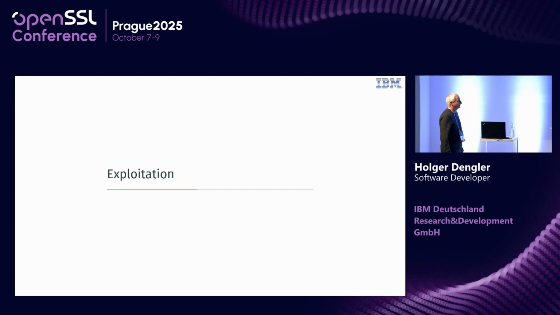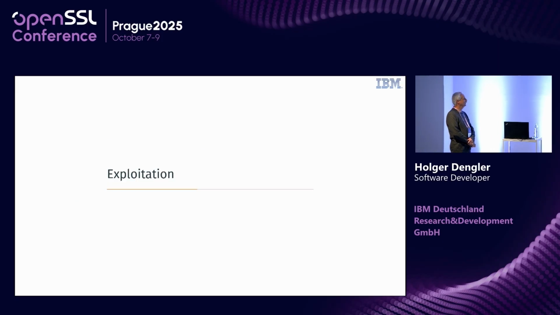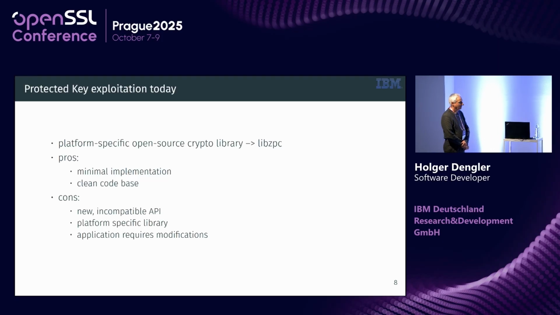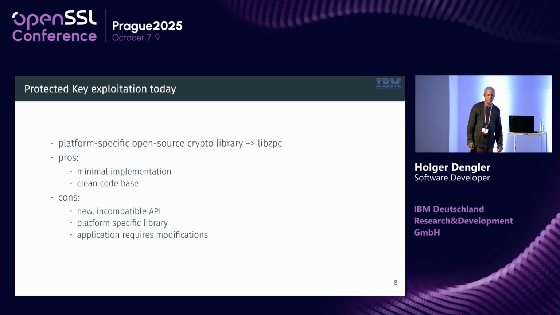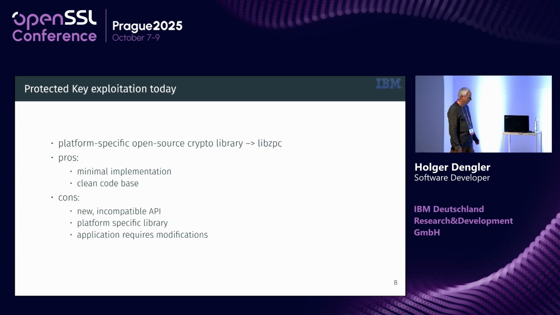Okay, so now we want to exploit these protected key features. So before I came to the EVP key API, I would like to give you an overview how we did it in the past. So there was a platform-specific implementation of a small library. We called it libcpc. So if you're Googling about this term, you will find the GitHub repository we have.